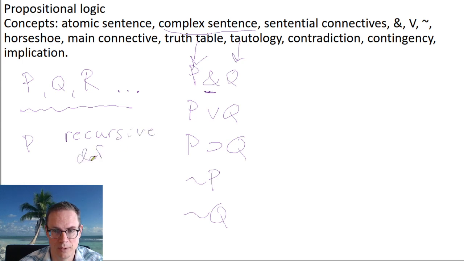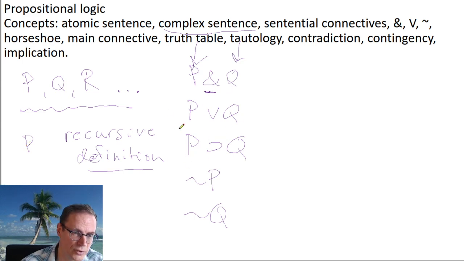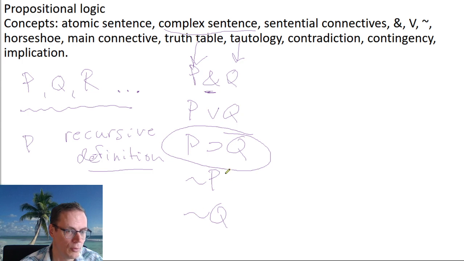I give you certain building blocks, and I give you a procedure for constructing more complex formulas. And as long as you stick to those procedures, you will stay within the domain of well-formedness. So for instance, we just saw that P horseshoe Q is well-formed and not Q is well-formed.